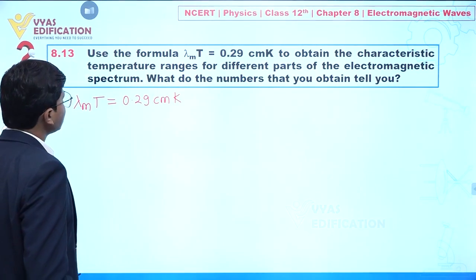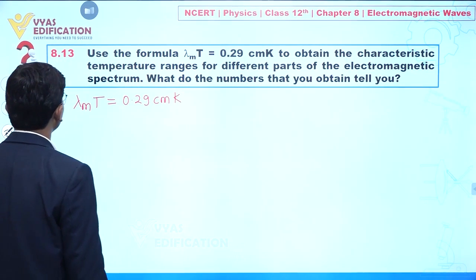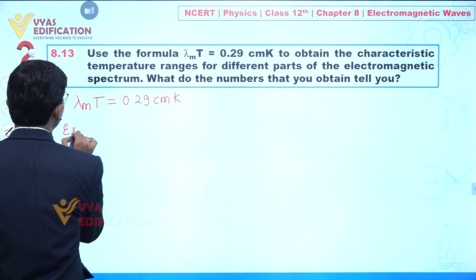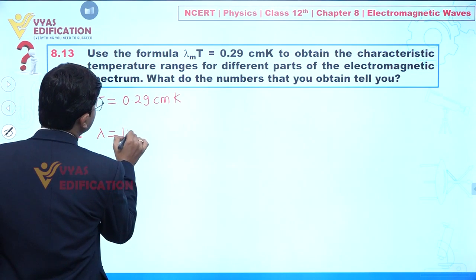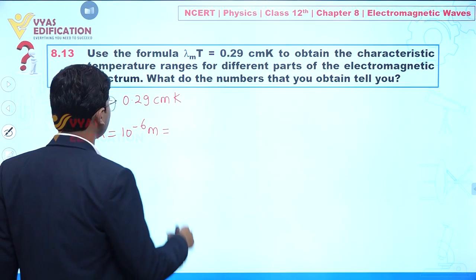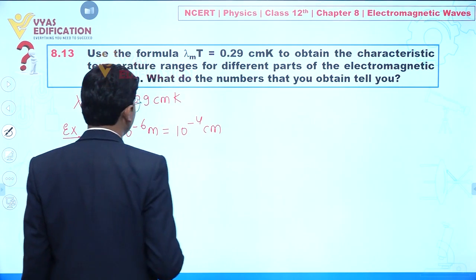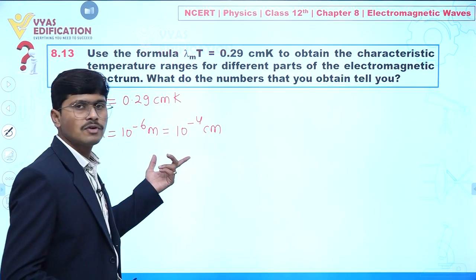So from here we can see what particular information we are getting, clear. Let's suppose for example I am talking about a wavelength of 10 to the power minus 6 meter, clear. We can convert it into centimeter also, so this is 10 to the power minus 4 centimeter, yes or no, 1 meter equal to 100 centimeter.